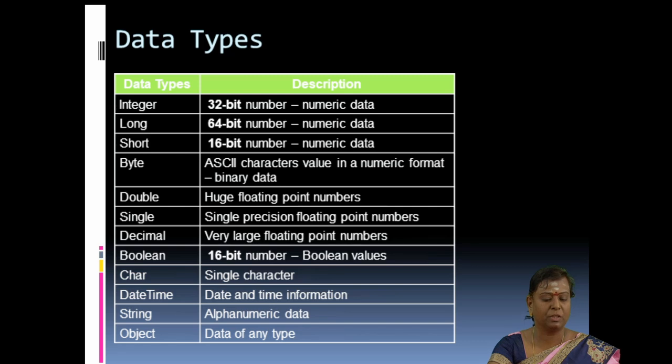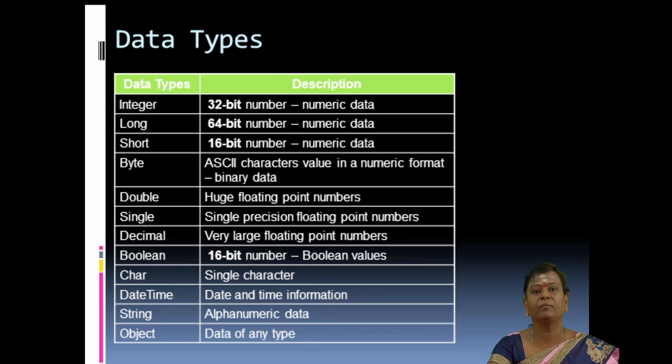Next, coming to string, it holds alphanumeric data. If the variable holds the value of a sentence or words, that is more than one character, we can declare the variable as a string data type.